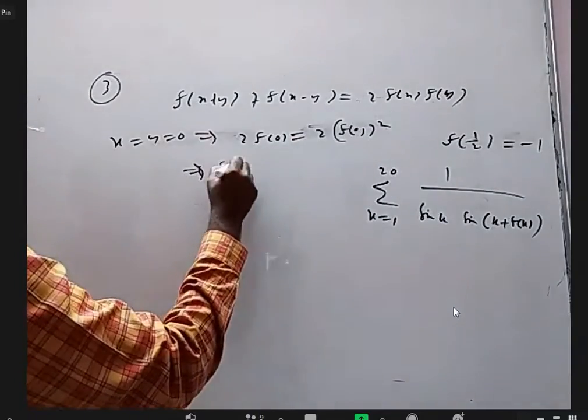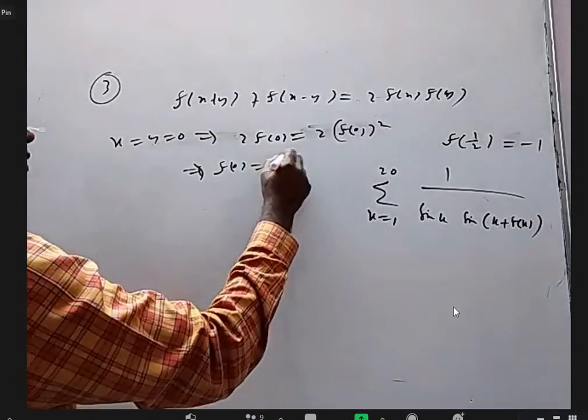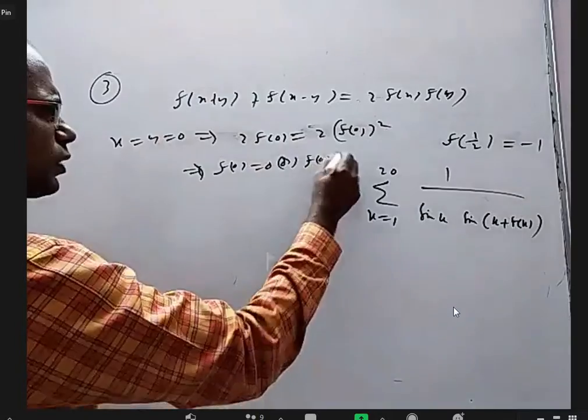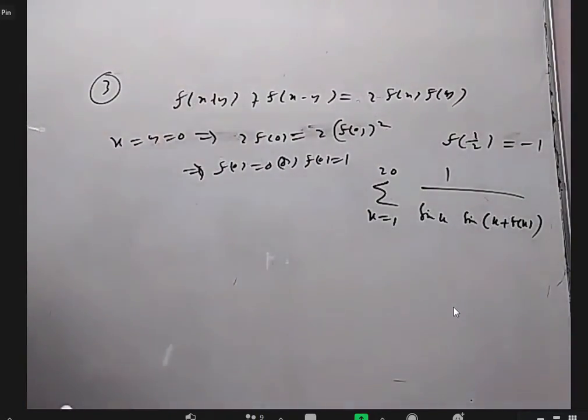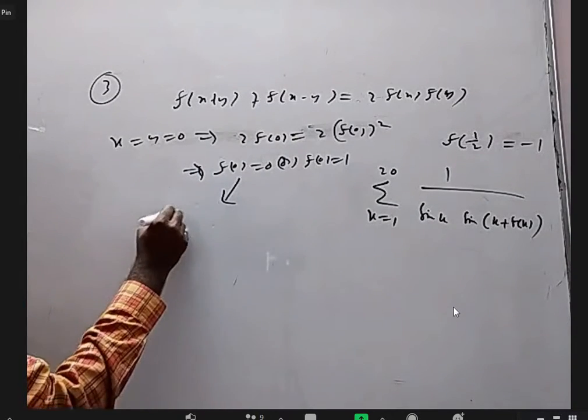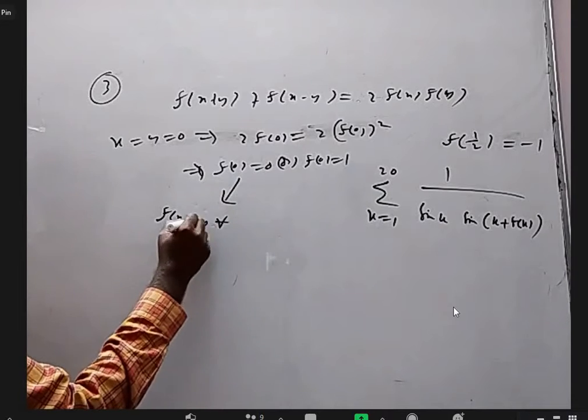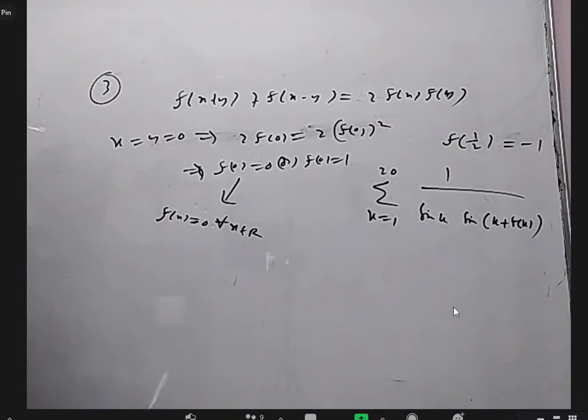So I'll get f of 0 equal to 0 or f of 0 equal to 1. But if f of 0 is 0, I think I can prove it is always equal to 0, because if you put only y equal to 0, you can prove that. This means f of x equal to 0 for all x belonging to R. But in the question, they might have said that it is not a constant, maybe.